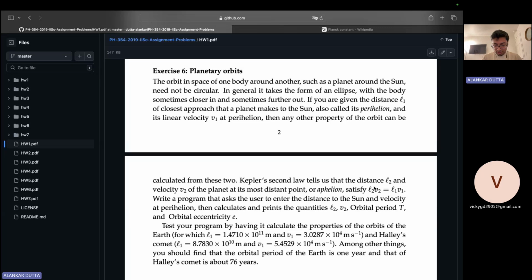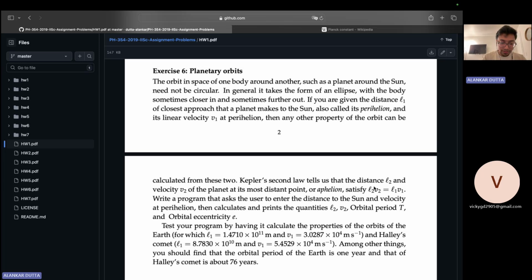Planetary orbits. The orbit in space of one body around another, such as a planet around the sun, need not be circular. In general, it takes the form of an ellipse with the body sometimes closer in and sometimes further out. If you are given the distance L1 of the closest approach that a planet makes to the sun, also called its perihelion, and its linear velocity v1 at perihelion, then any other property of the orbit can be calculated from these two.